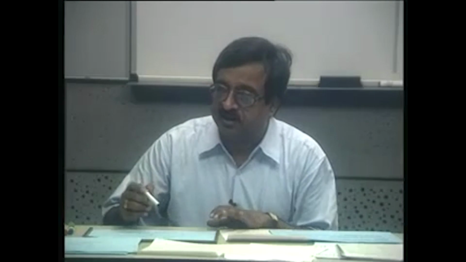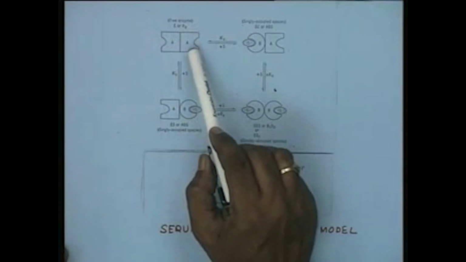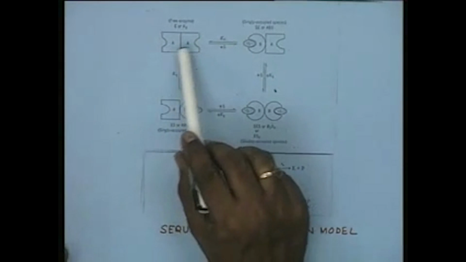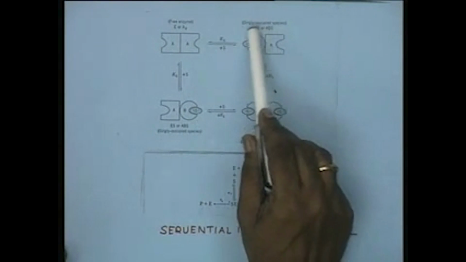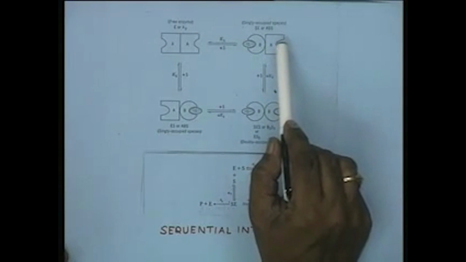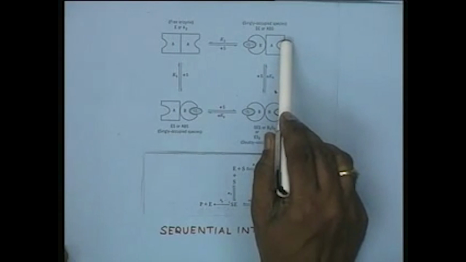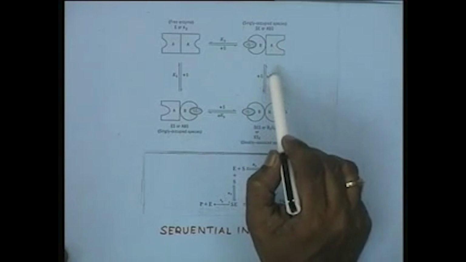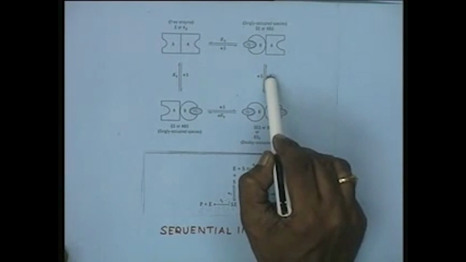And that is what you notice in a diagrammatic picture like here. If this is a free enzyme which has two identical binding sites, the substrate molecule binds, let us say, first to A, and it immediately brings in a conformational change on the second binding site, whereby the dissociation constant reduces to alpha Ks.